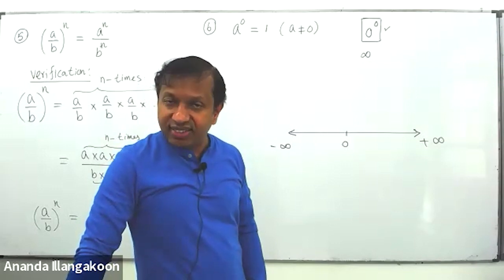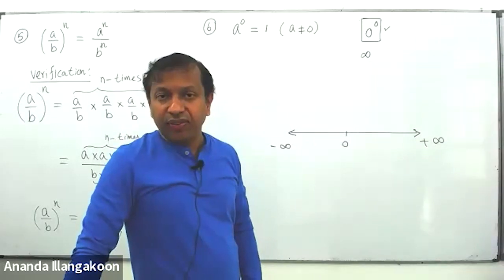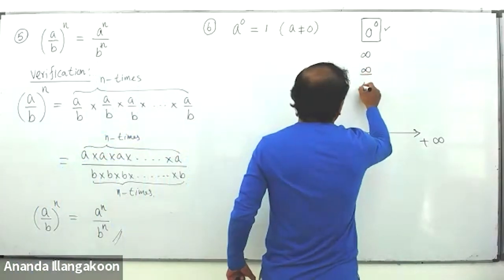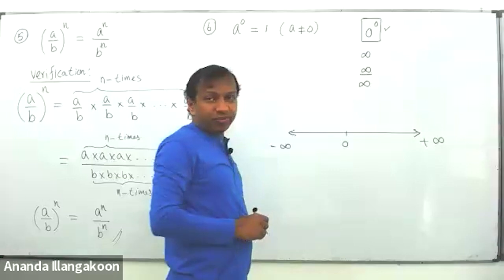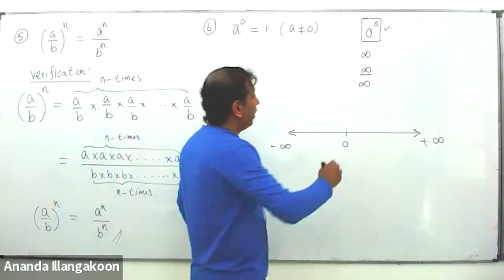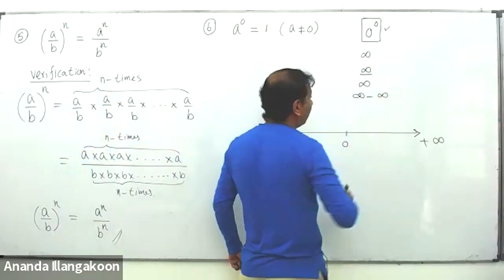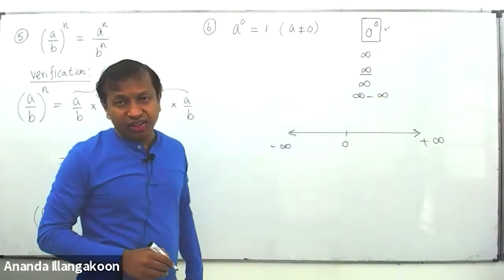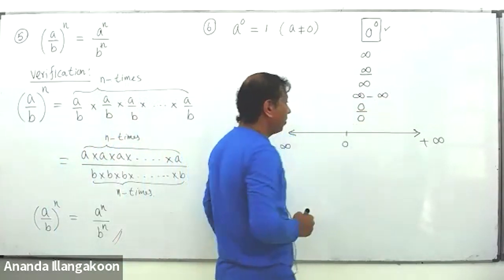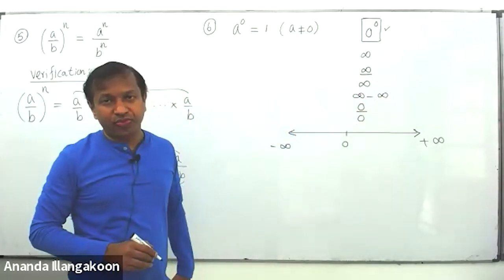Such values never exist. And the other one, people, infinity divided by infinity, that also we consider as an undefined form. Infinity minus infinity, we define as an undefined form. 0 divided by 0, we define as, people, an undefined form.